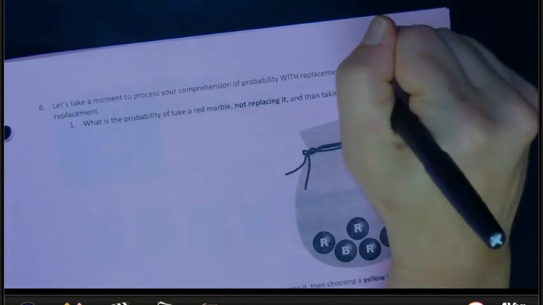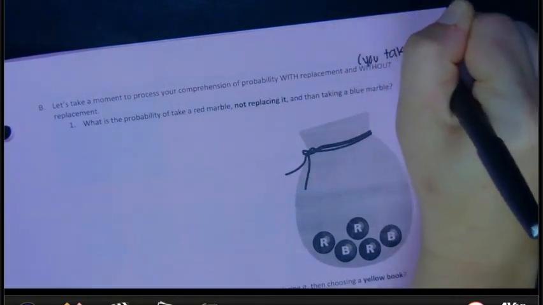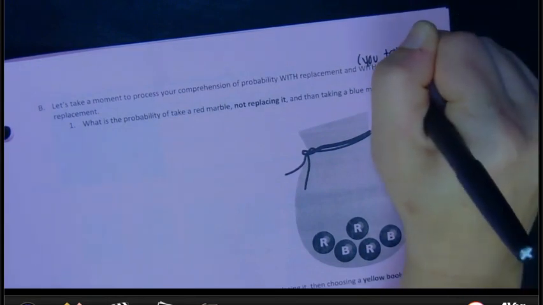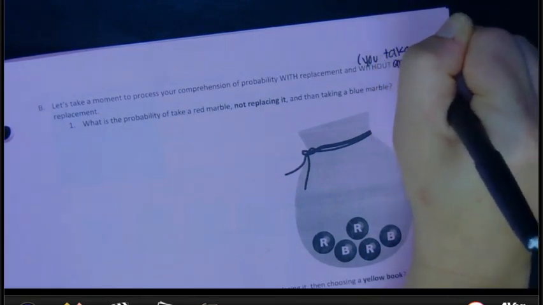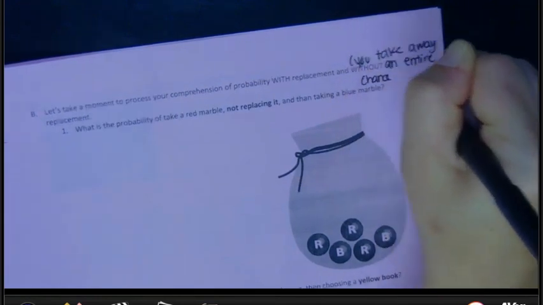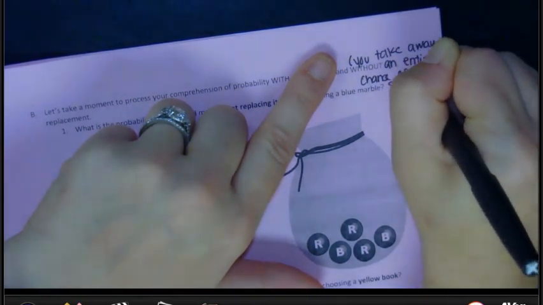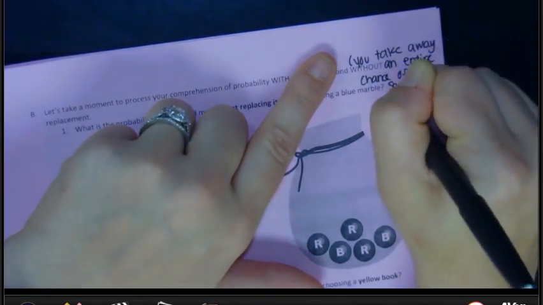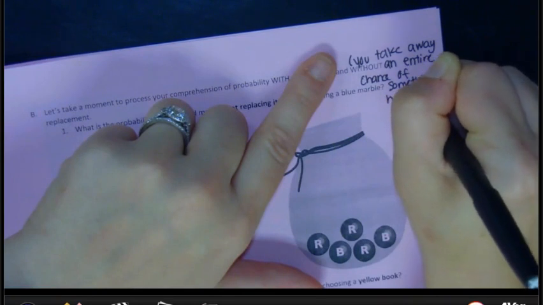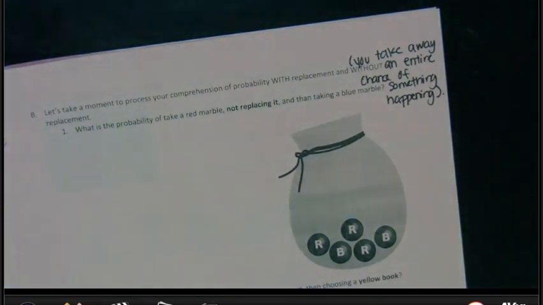Without replacement, you take away an entire chance of something happening. Okay, so you're going to take away that entire chance of something happening or going on.